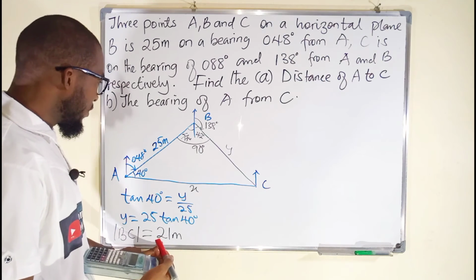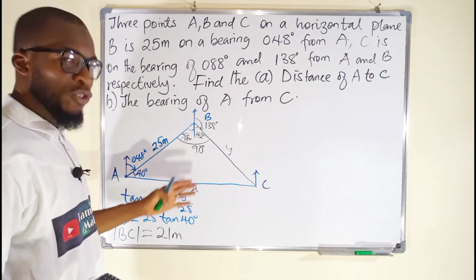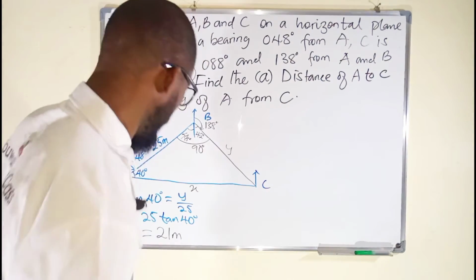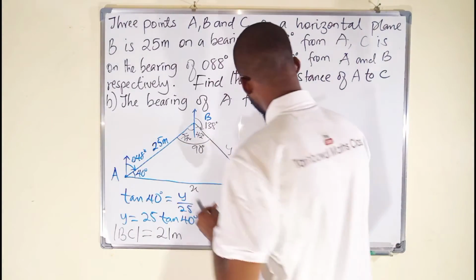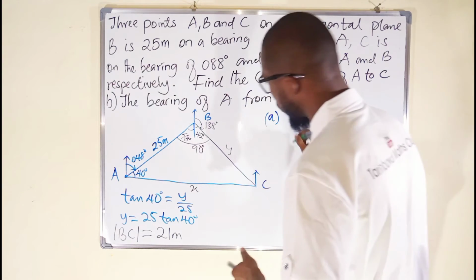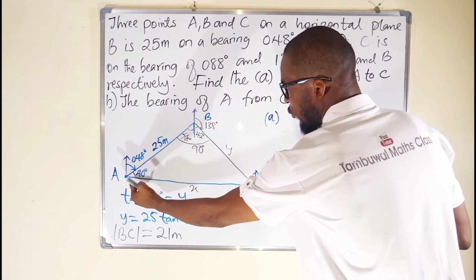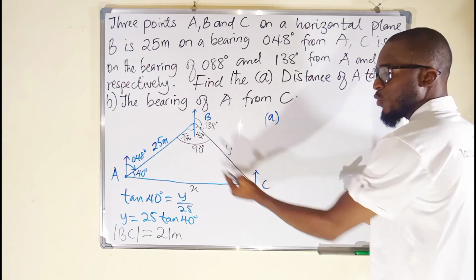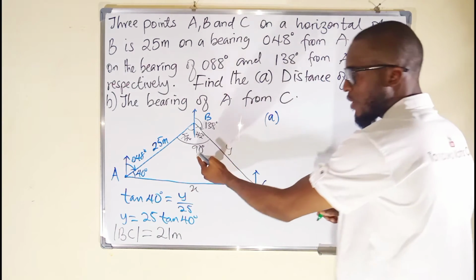Having obtained this, we can now apply Pythagoras' rule to find the value of x. So A part. From Pythagoras' rule, you know this is the longest side, which is the hypotenuse. It is always opposite to our right angle.